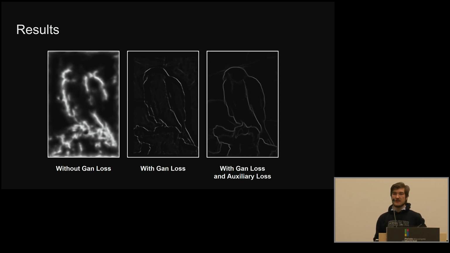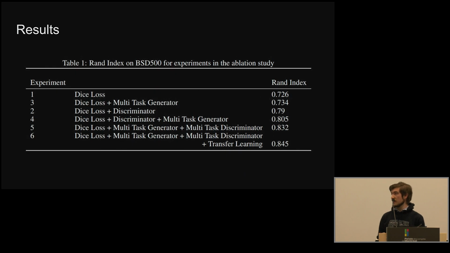For this reason, we did an evaluation study where we tried all of the combinations of GANs, no GANs, and auxiliary losses. And we find that introducing the GANs in this framework gives us a significant improvement.